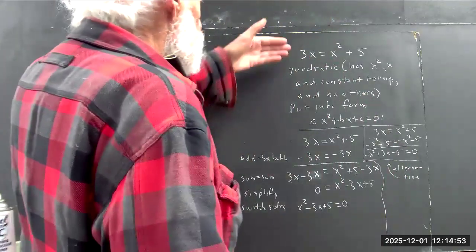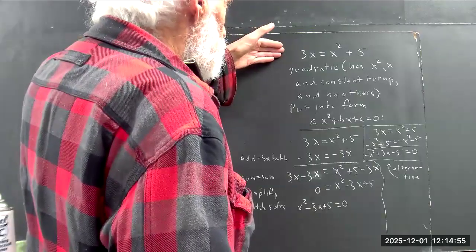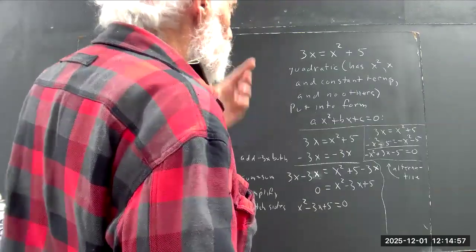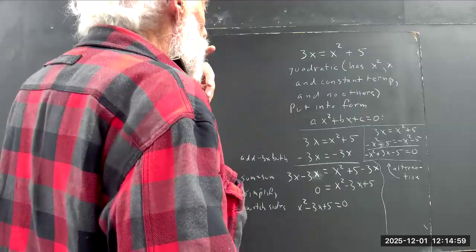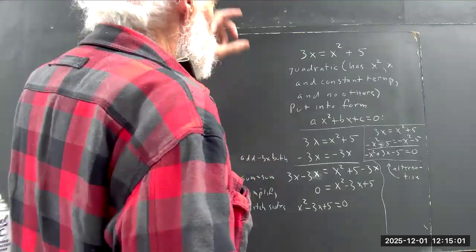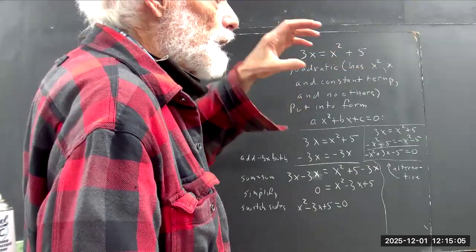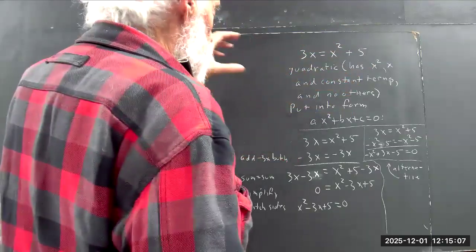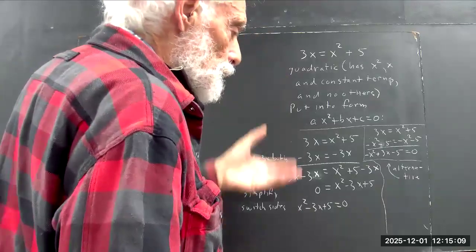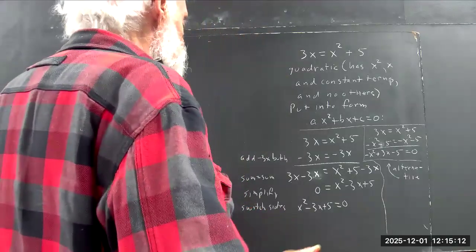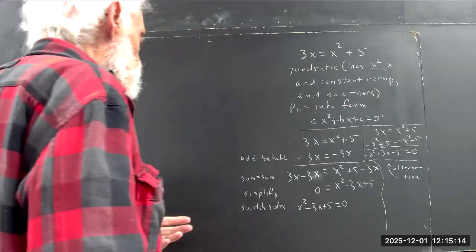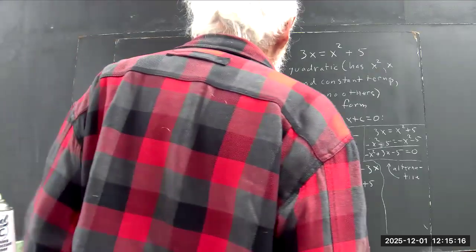So if you rearrange an equation like this, it really doesn't matter how you rearrange it, as long as you get 0 on one side using valid operations, adding the same thing to both sides. I'm going to continue to solve here.